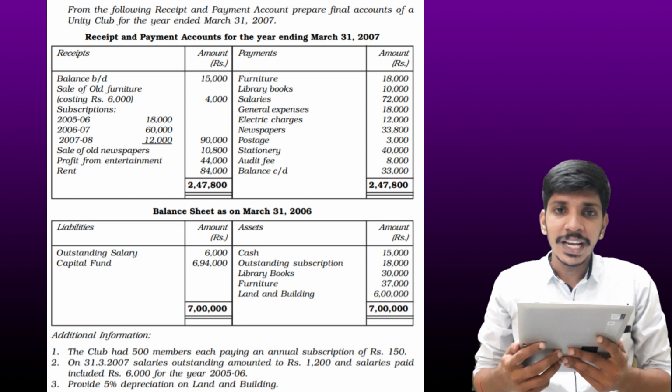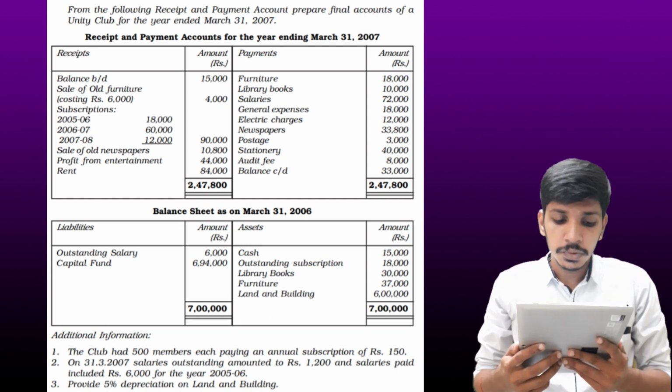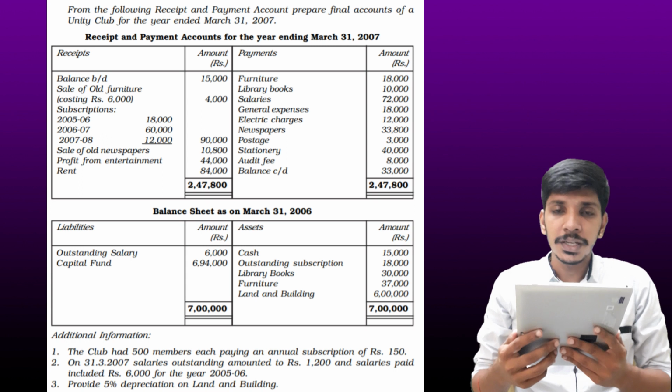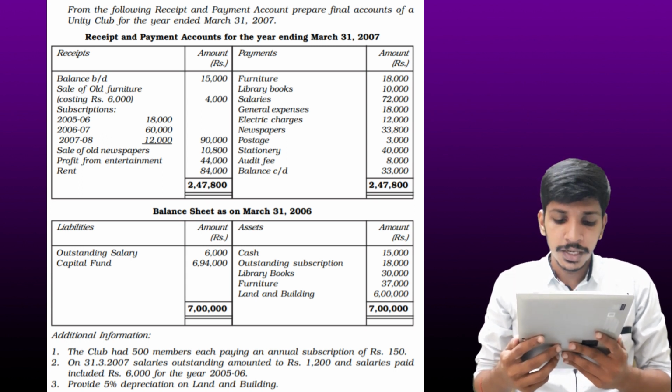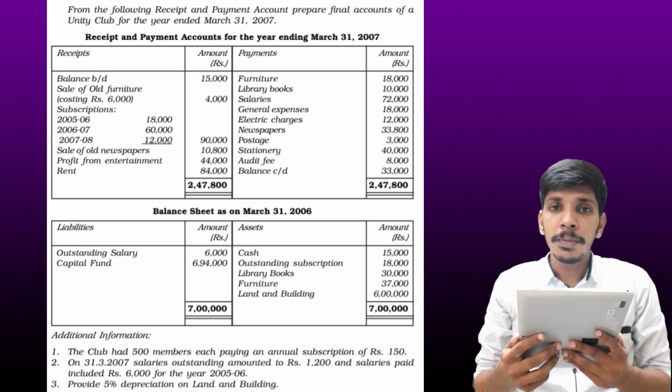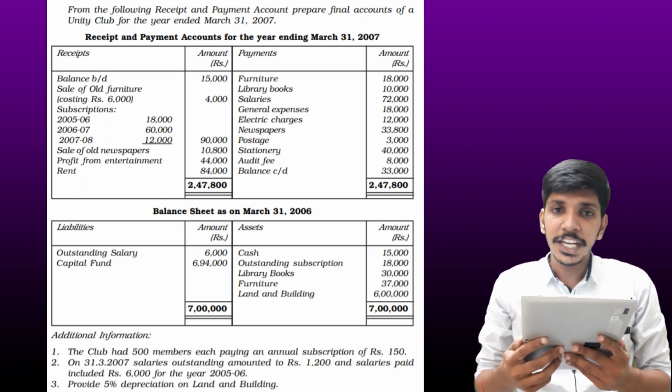Subscription 2005-06 18,000, 2006-07 60,000, 2007-08 12,000. Total subscription 90,000. Sale of old newspaper 10,800. Profit from entertainment 44,000. Rent 84,000. Payment side: furniture 18,000. Library books 10,000.